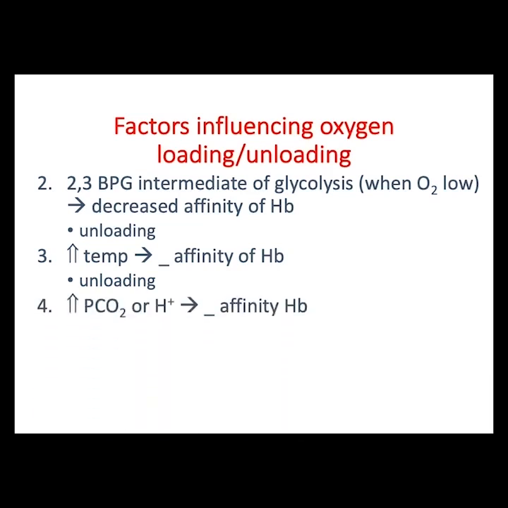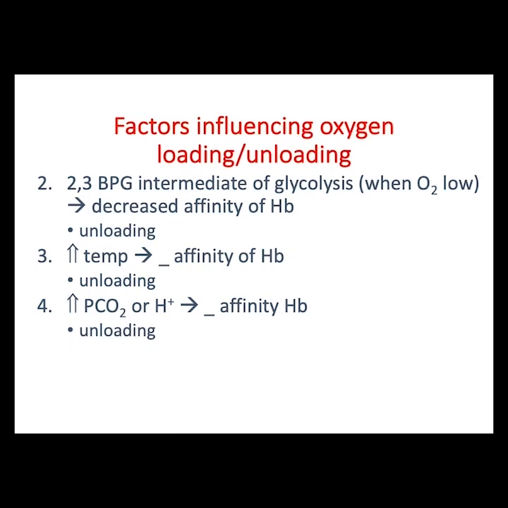A fourth factor is the partial pressure of carbon dioxide and the concentration of hydrogen ions in the fluids. Metabolically active tissues will increase the partial pressure of carbon dioxide and the hydrogen ion concentration in the tissue fluid. Both of these are going to decrease the affinity of hemoglobin for oxygen, which will lead to unloading.